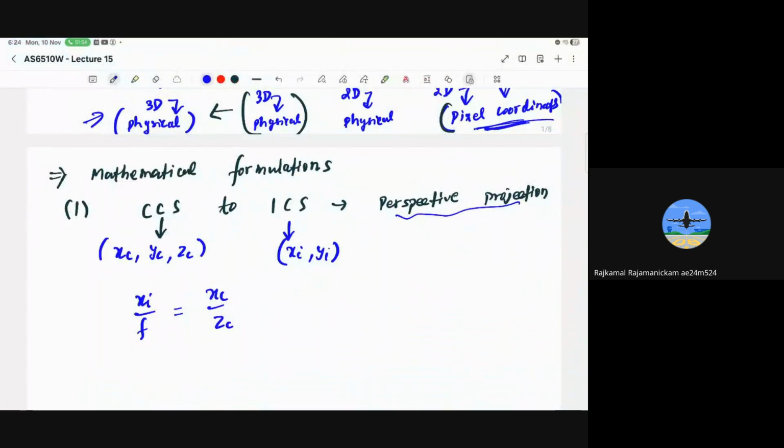So we have used the same relation, perspective projection, from camera coordinate system to image coordinate system. For the x coordinate this is the relation, and for the y coordinate of the point, YI in the image coordinate system divided by the focal length is equal to YC upon ZC.